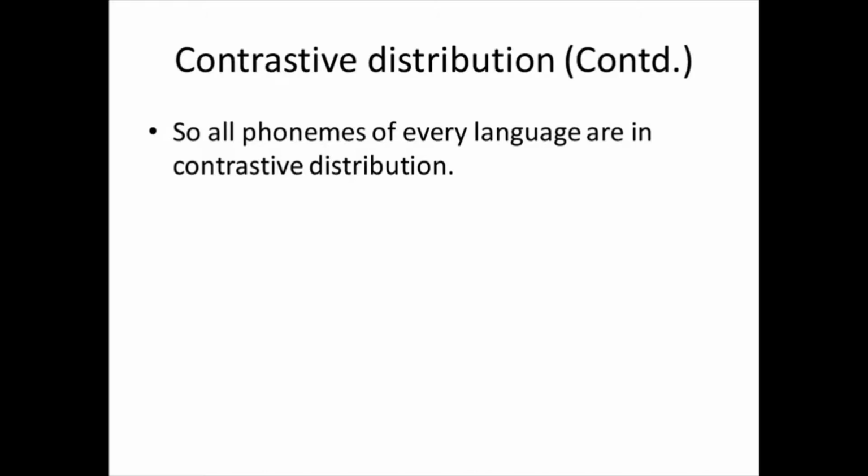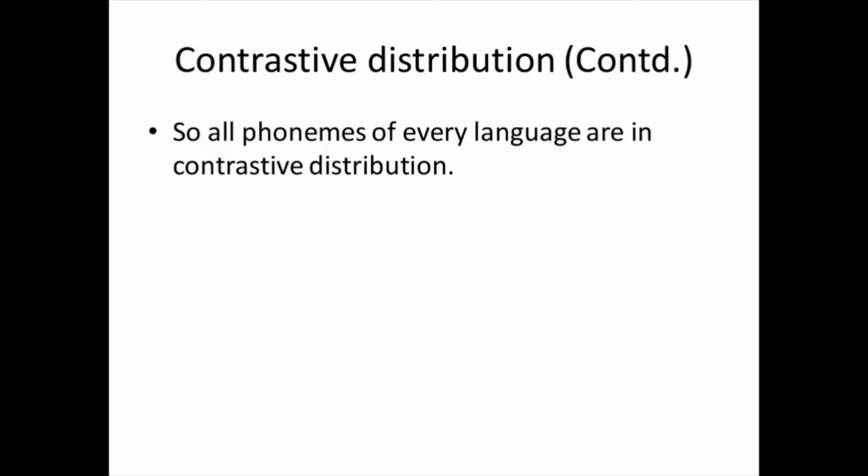The fact that we are replacing one phoneme with another in order to cause a change in meaning means that within the phonological system of that language, those two sounds that we are calling phonemes are also described as being in overlapping distribution.